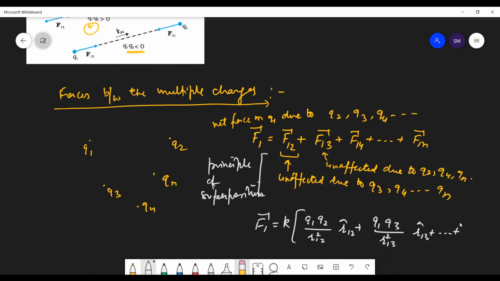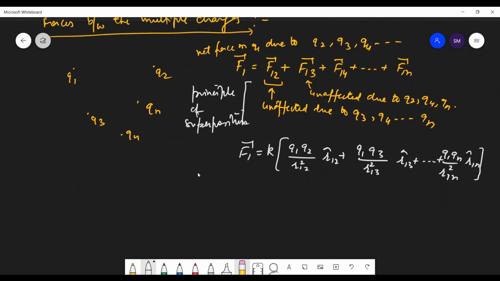And at the end, instead of 3 there will be n, here also n, and here also n. So that is the force acting on Q1, and I can further write it by taking another constant outside. Q1 is common to all of them, so Q1 goes outside.